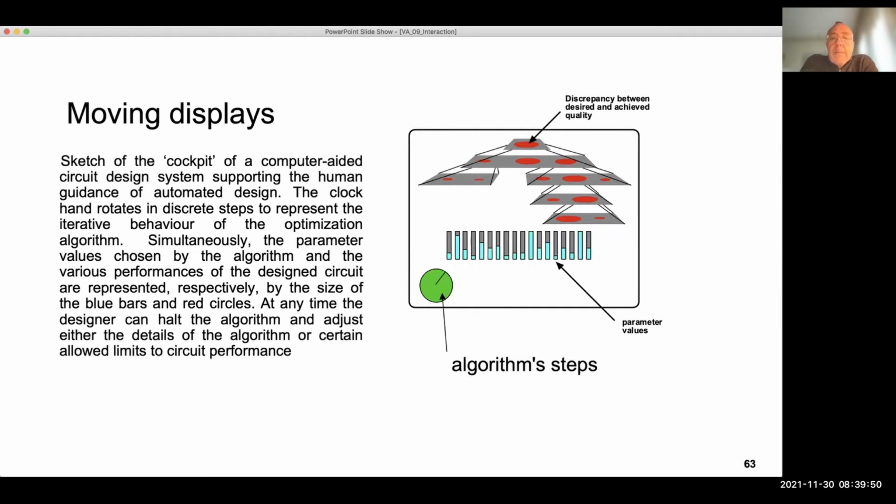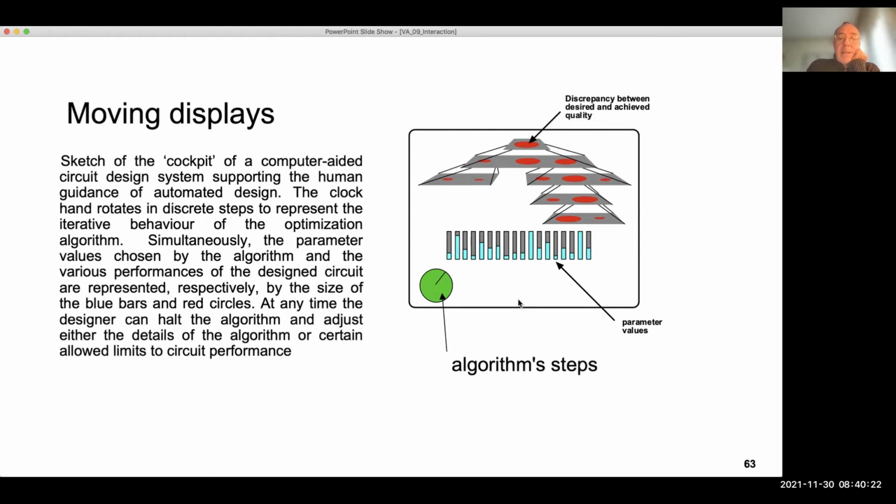Or sometimes you are interacting with the system. This is an example from an area that is still an area of research: determining the correct parameters for a complex algorithm. Sometimes you have an algorithm that has a lot of parameters, constants, that you can change, and that affect the behavior.